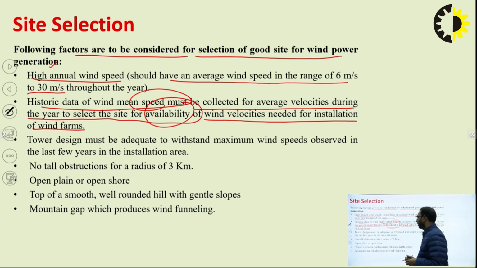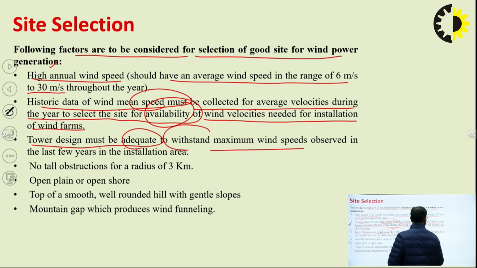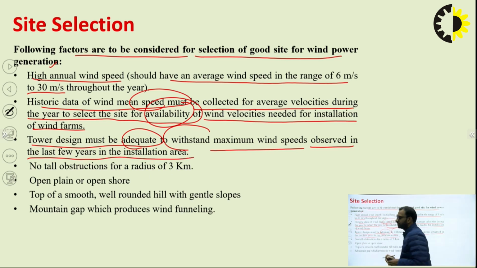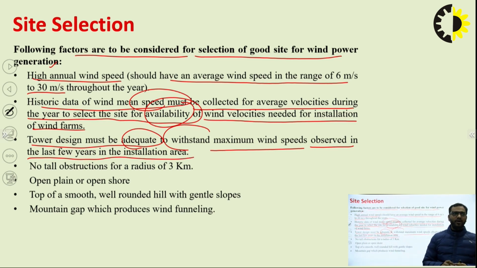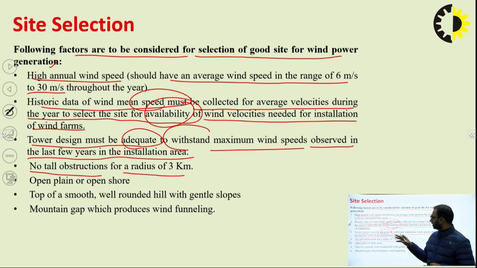Then tower design must be adequate to withstand the maximum wind speed observed in the last few years in the installed area. The other important factor is tower design. Then no tall obstruction for a radius of 3 km. This is also an important factor.